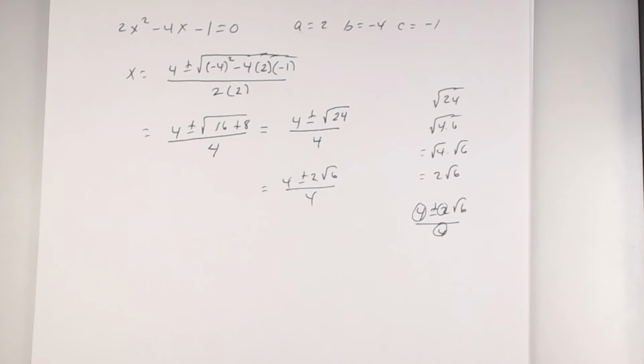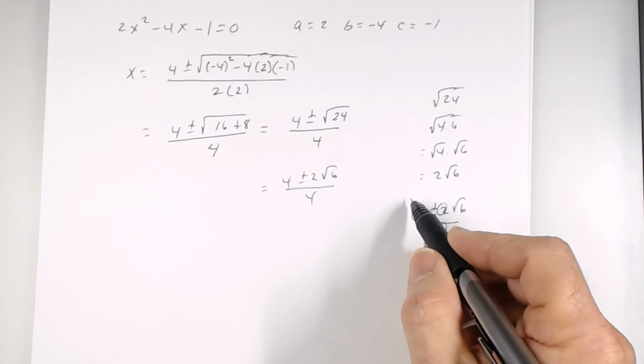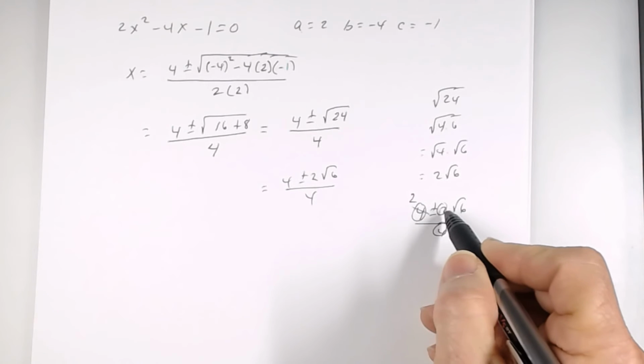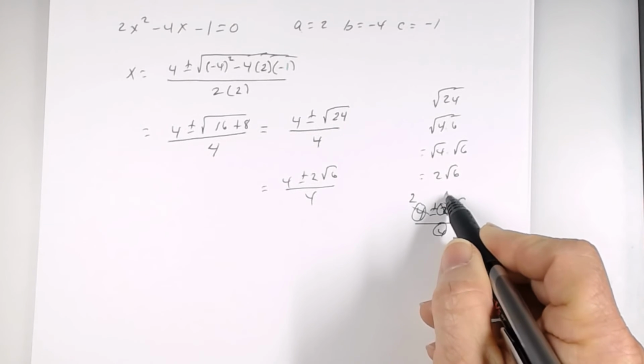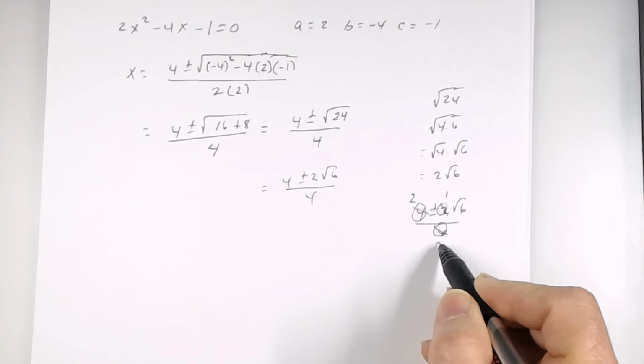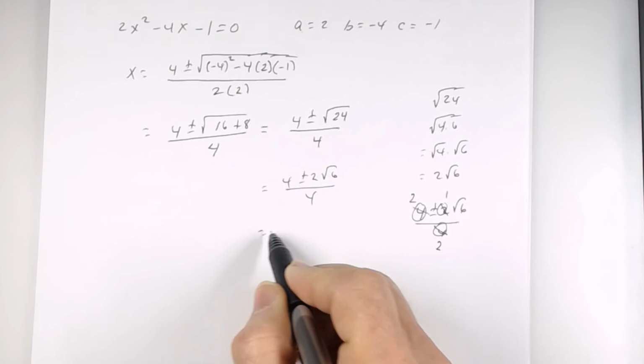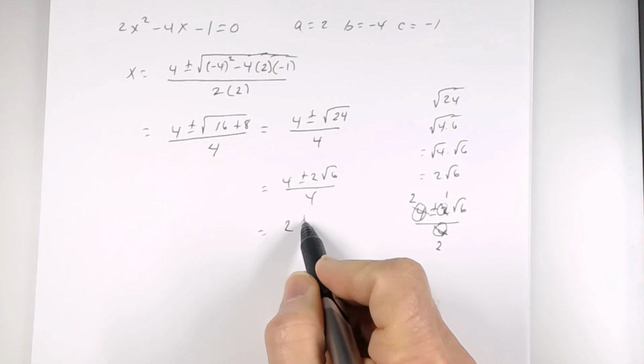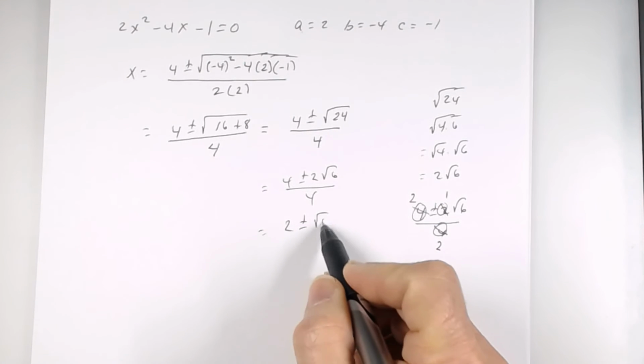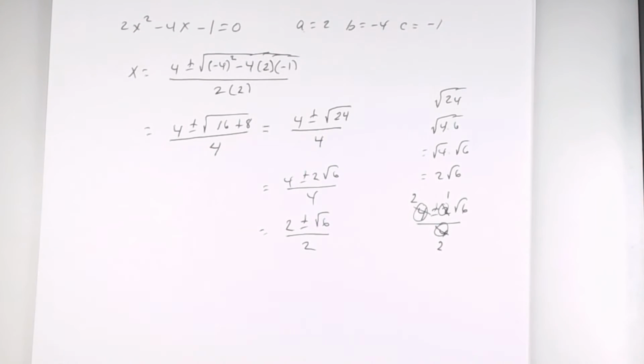So I can reduce those. 4 divided by 2 is 2. 2 divided by 2 is 1. 4 divided by 2 is 2. So this becomes 2 plus or minus square root of 6, all divided by 2. That's what you get.